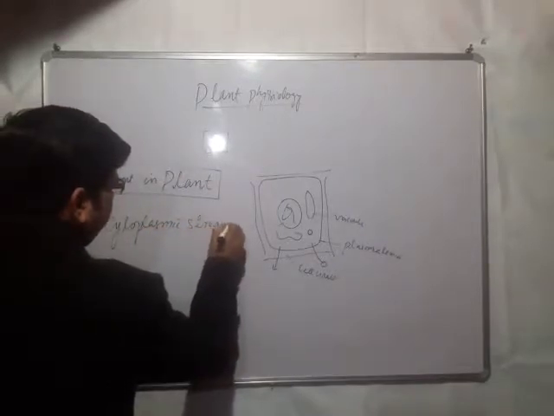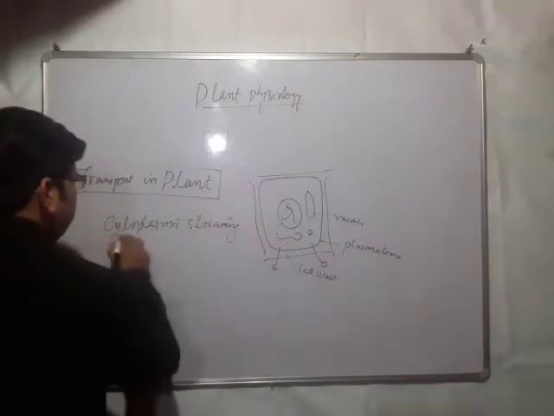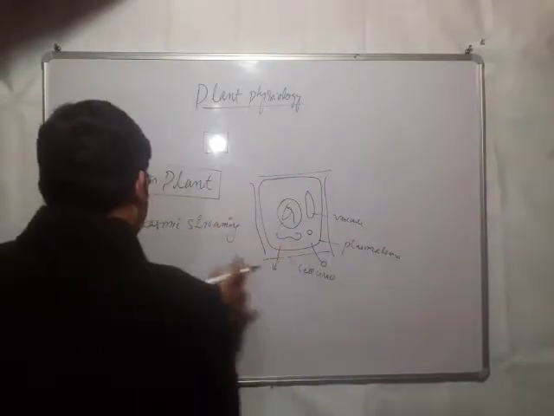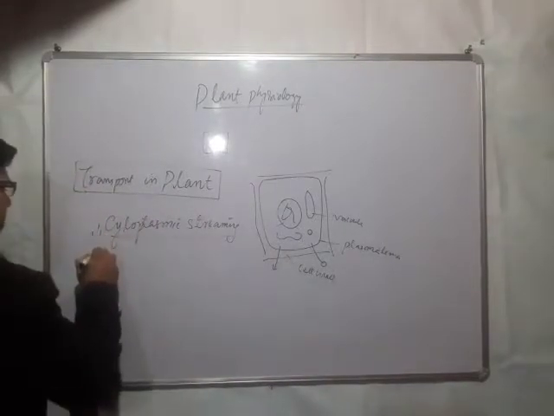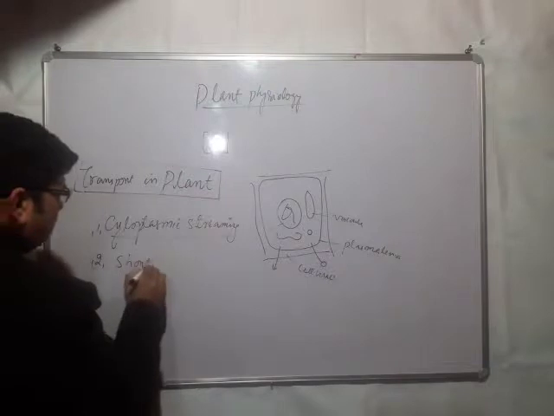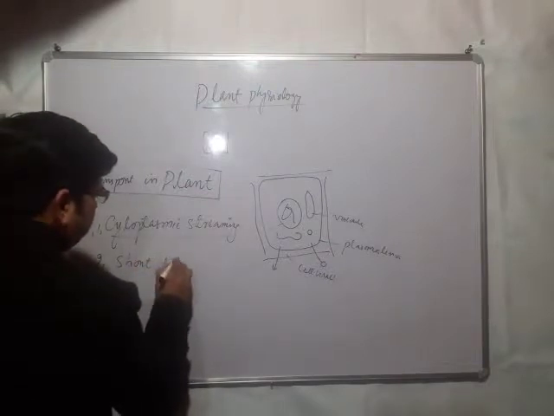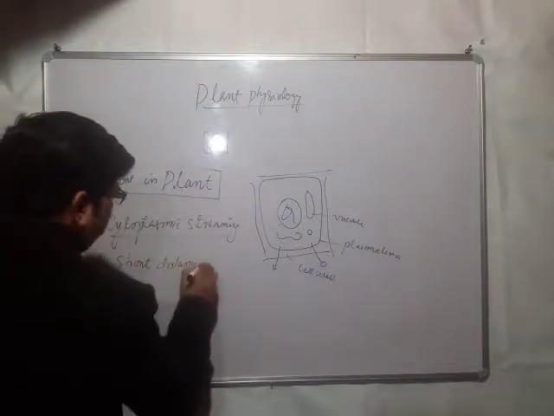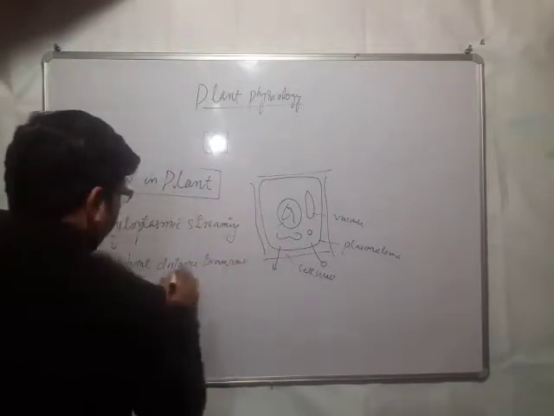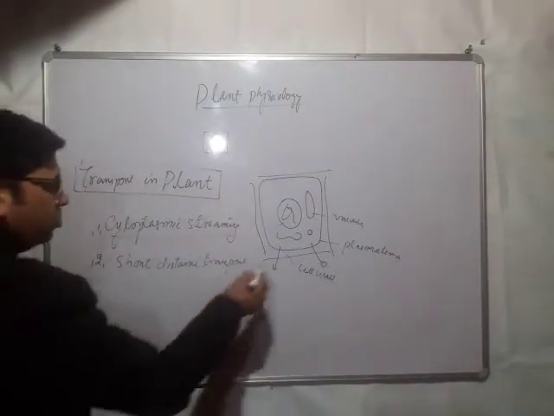Cytoplasmic streaming is basically movement within the cytoplasm, within the protoplasm, within this single cell. This is the first category. The second category is short distance transport in plants.